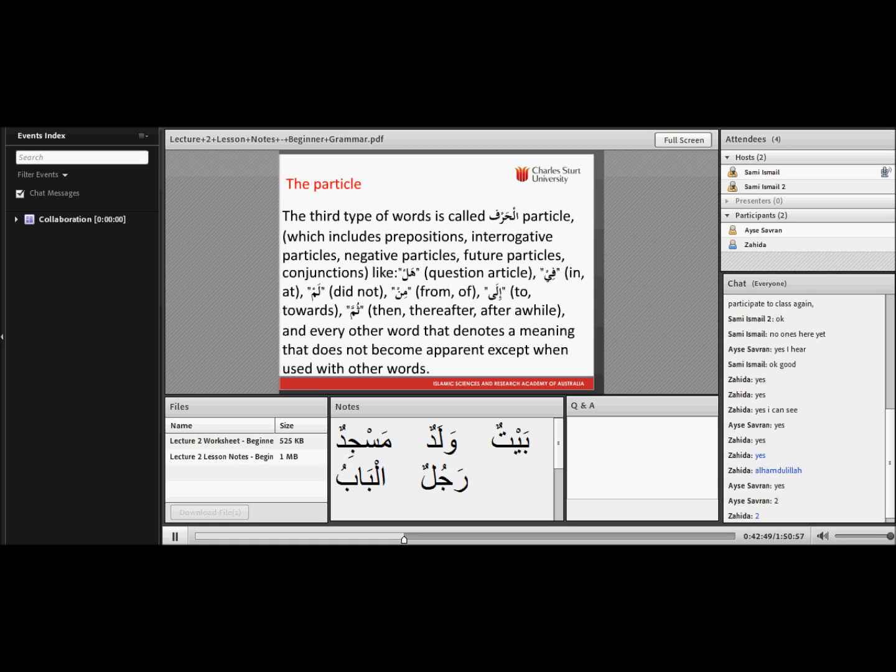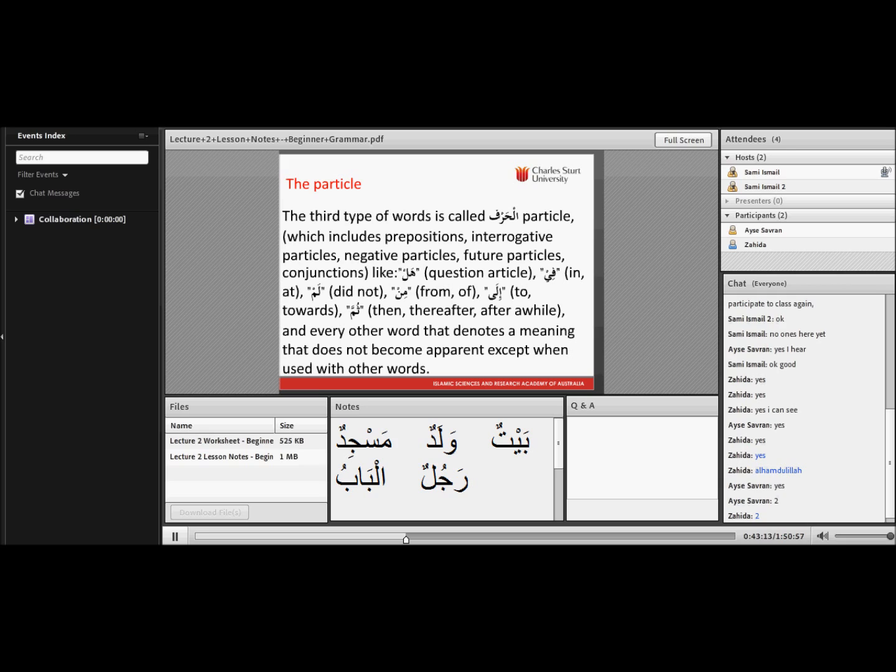The maximum it can be is 3. Okay, maybe there are exceptions, I'm not too sure, but if there are, they're very, very rare. But the maximum is 3, minimum is 1. So, for example, if you want a harf that has 3 letters, I'm just going to write it here on the top.